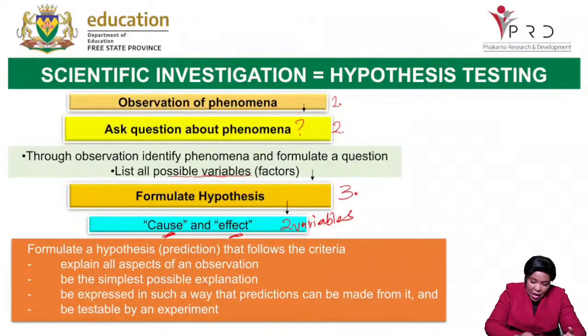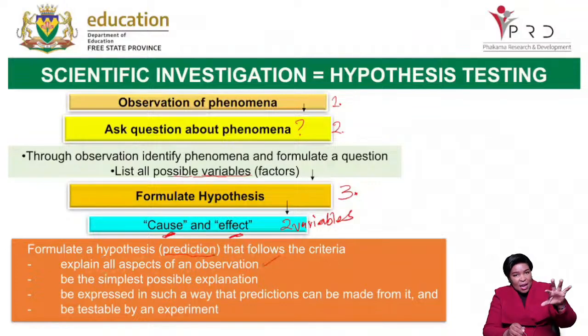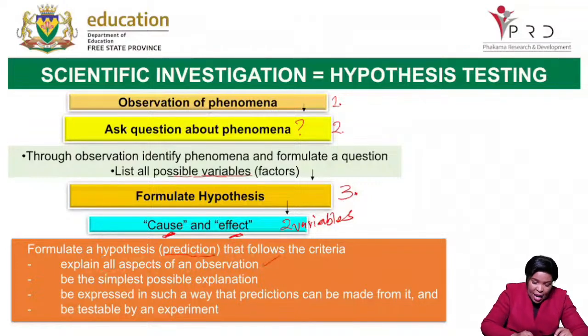Now, when you formulate this hypothesis or this prediction, you must follow this criteria. You must explain all aspects of the observation. So everything that you are observing, you must explain it in your hypothesis. A brief explanation to say, okay, this is what I am seeing. Then you can summarize that into 1 sentence.